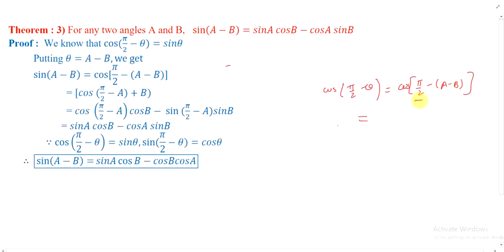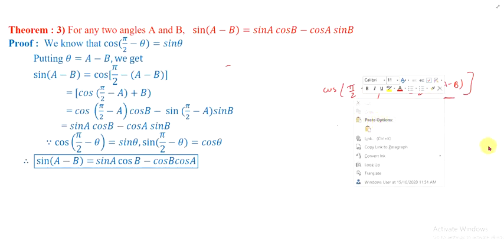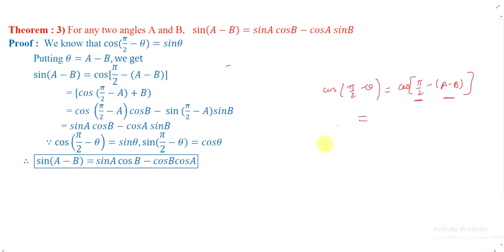Now this is of the form x plus y, where x is π/2−A and y is B.